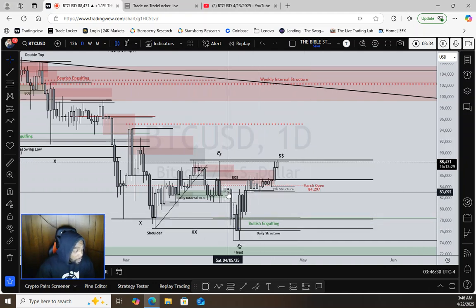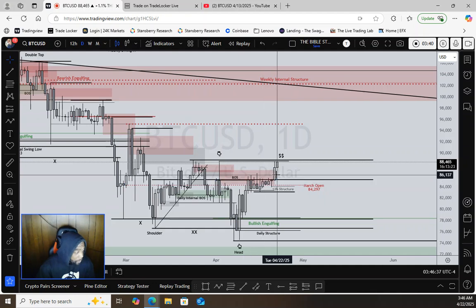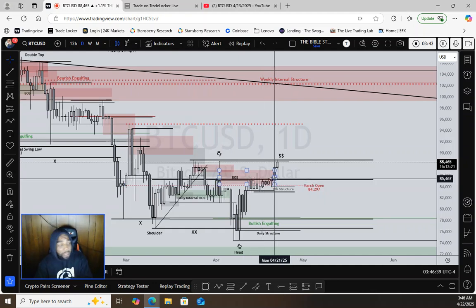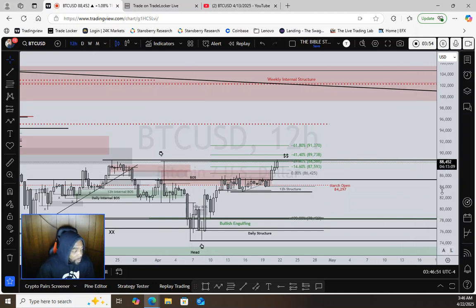Current price action. Again, you see that video explaining what was happening. And then, of course, I chimed in with another video breaking down the 12-hour price action that was being encountered inside of this internal retracement.